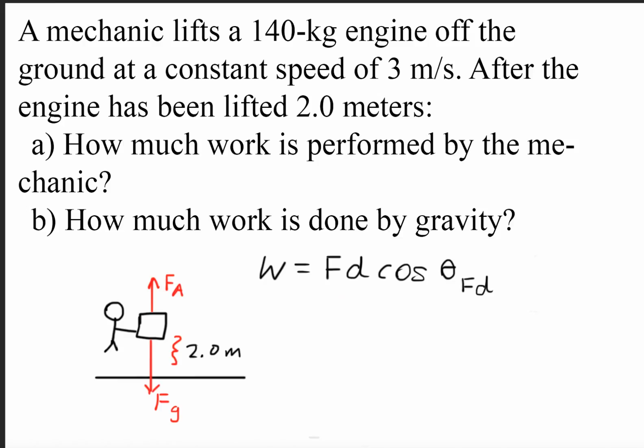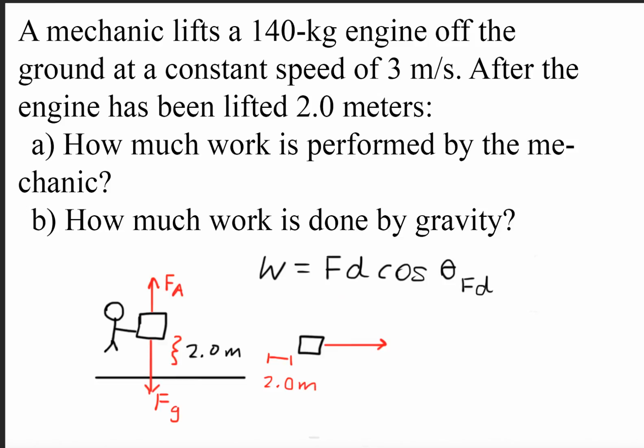And the angle, now remember, what I did here was I rotated the axes so that it looked like this. Now the applied force is on the side here, and right over here we had our displacement of 2 meters.